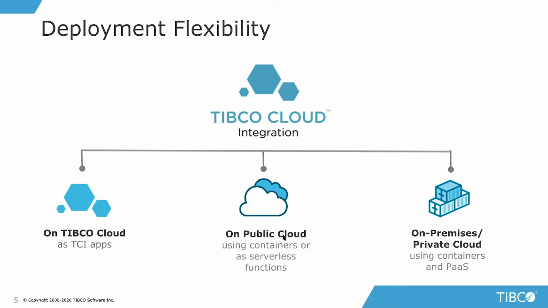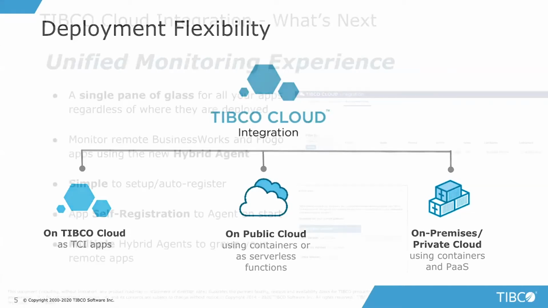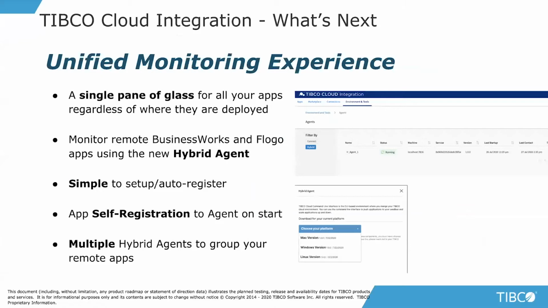The developed applications, particularly the Flogo applications, can also run as serverless functions, or you can deploy your applications on premises or in a private cloud environment, leveraging containers and platform as a service of your choice.